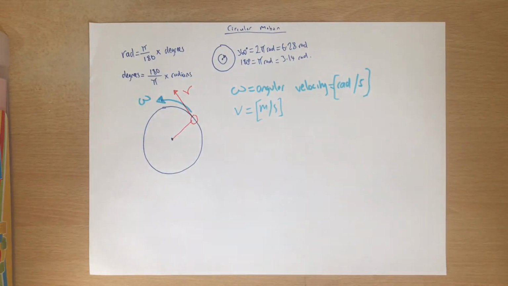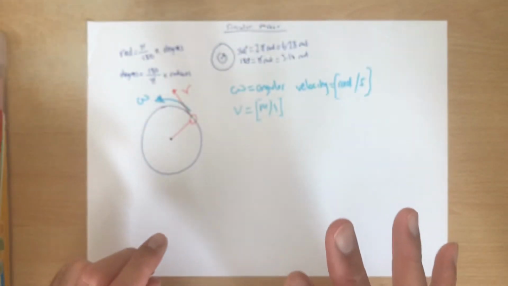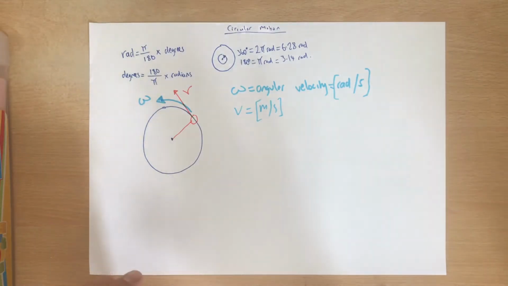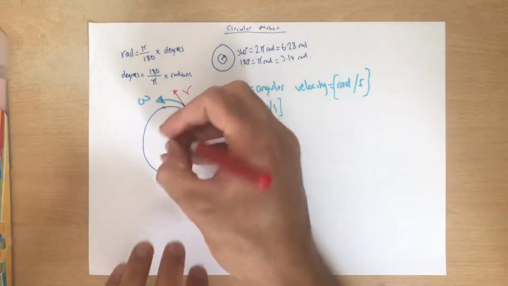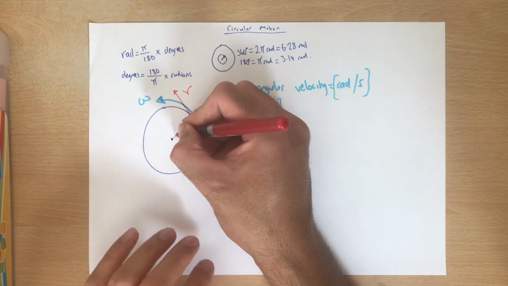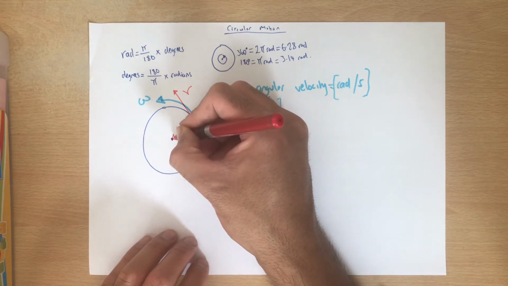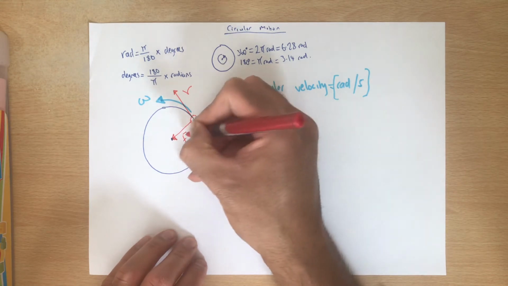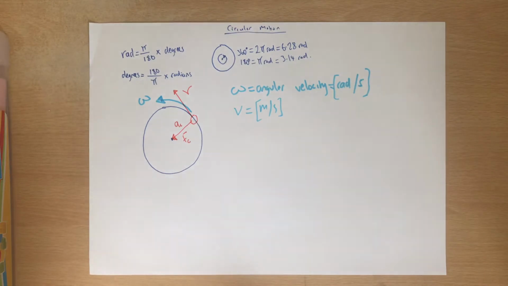So this object over here, there's actually an important force acting on it, and the force that is acting on it is the centripetal force. Centripetal force, by the way, is a combination of different forces acting on any object. Centripetal force is always acting towards the midpoint of any circular motion. So for this one, centripetal force is acting in this direction, and we can also put on there the centripetal acceleration.